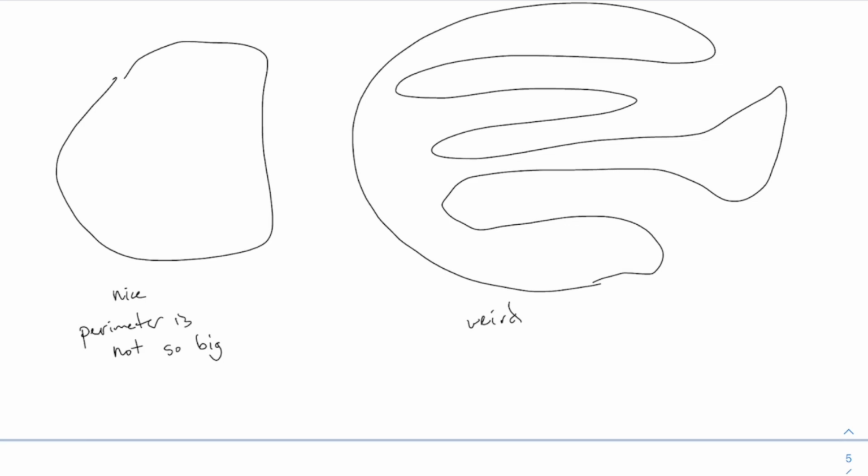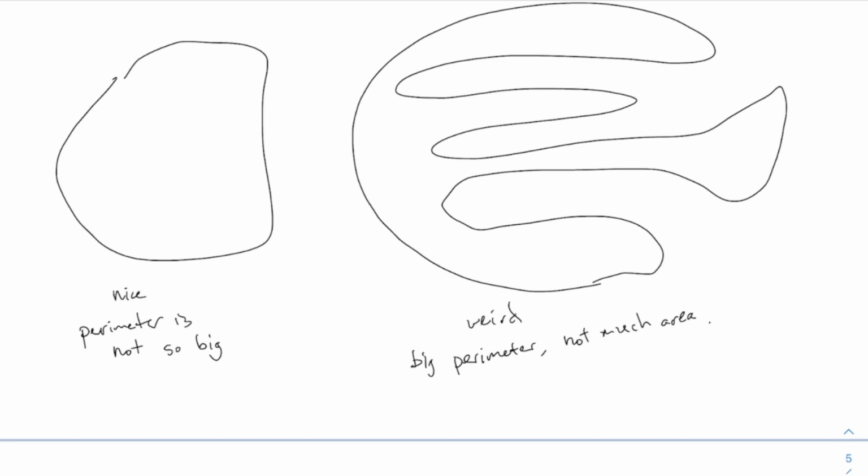The shape on the right-hand side has a lot of perimeter for not so much area. That's the defining feature when you're measuring the isoperimetric quotient: how much perimeter there is versus how much area there is. So the weird shape I would describe as big perimeter, not much area. And that's what the isoperimetric quotient is supposed to measure.